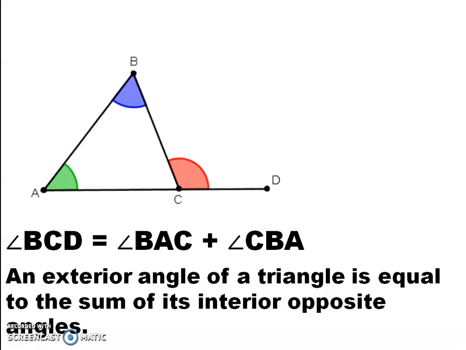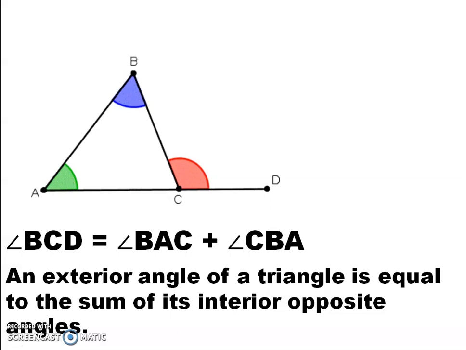The property says that angle BCD, that is the exterior angle, is equal to the sum of interior opposite angles, that is angle BAC plus angle CBA. According to this figure, I can say that red angle is equal to blue angle plus green angle.